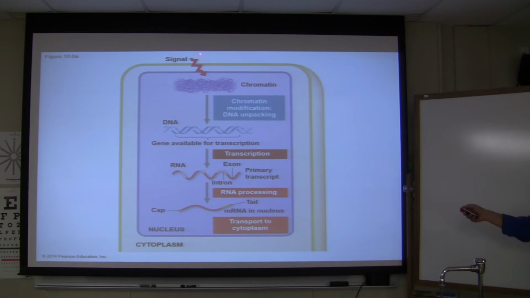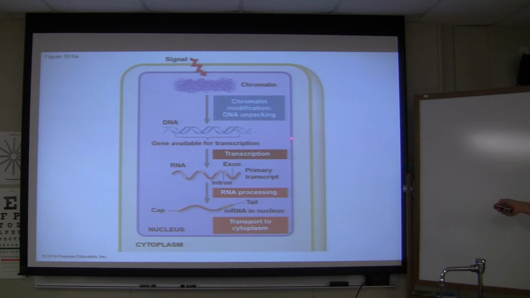Right here, now you can see it, the signals from the environment can possibly control modification of DNA, and that makes the DNA gene available for transcription. Of course, this is translation, exon and intron. You know about this very much so. We already talked, and this is happening in the nucleus. Remember, this is the nucleus, and the yellow right here is the cytoplasm of the cell, and of course, this is the cell membrane.